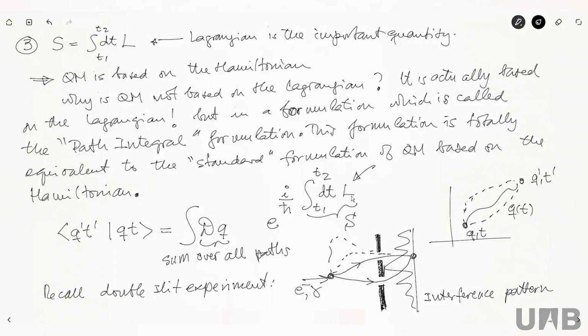But that's exactly what classical mechanics is saying: that the path that goes from q, t to q prime, t prime, in the limit in which h bar goes to 0, or the action is very large, or in the classical limit, is the path that makes the action stationary. So you see, this path integral is a very, very powerful connection between quantum mechanics and classical mechanics.